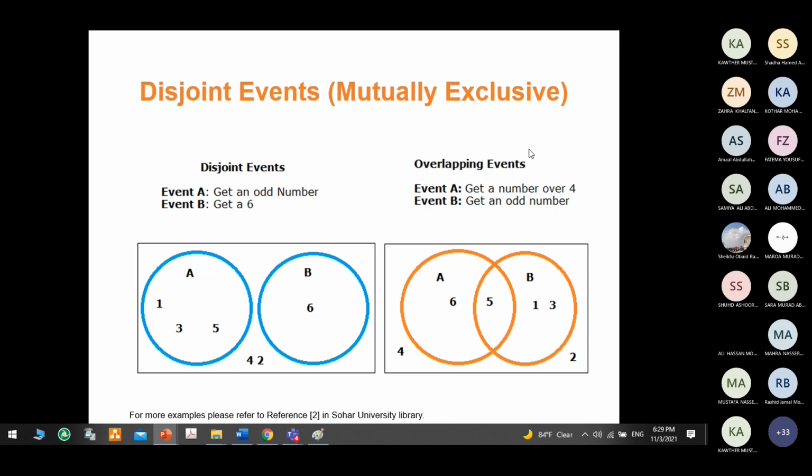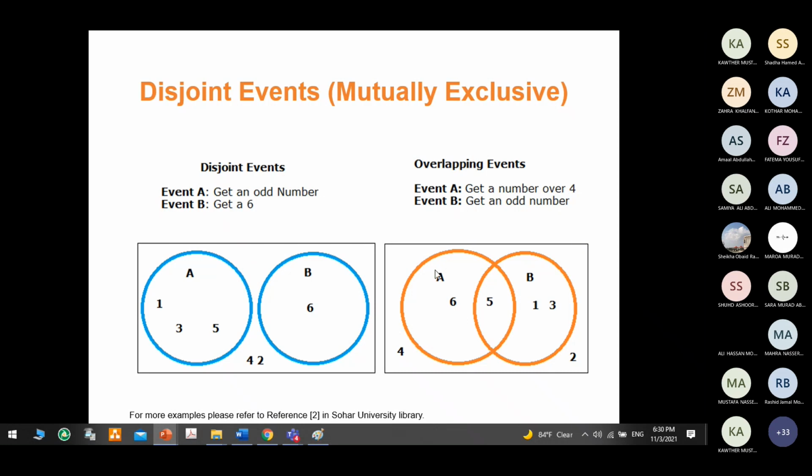Now, the opposite, not disjoint or not mutually exclusive. They could happen together. They could intersect. What we call overlapping or intersecting. Example, see the right-hand side of the screen. Event A, get a number over 4. Over 4 means 5, 6.